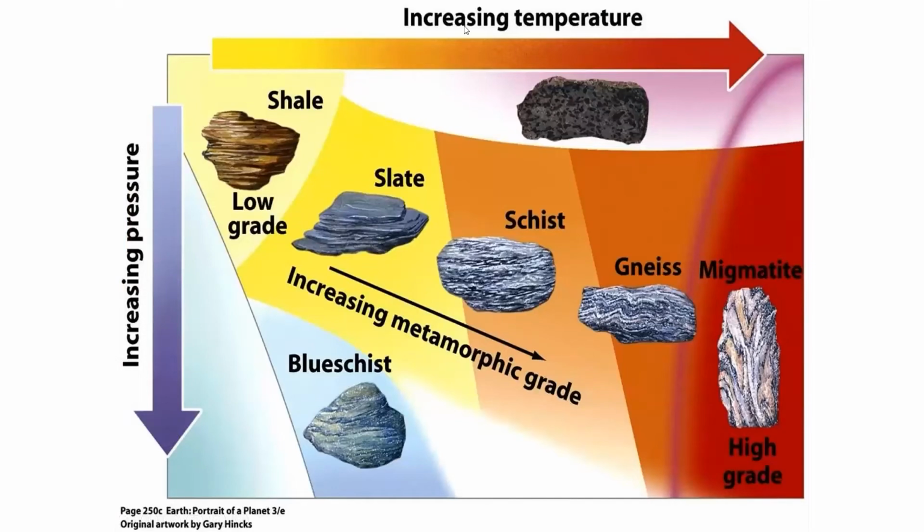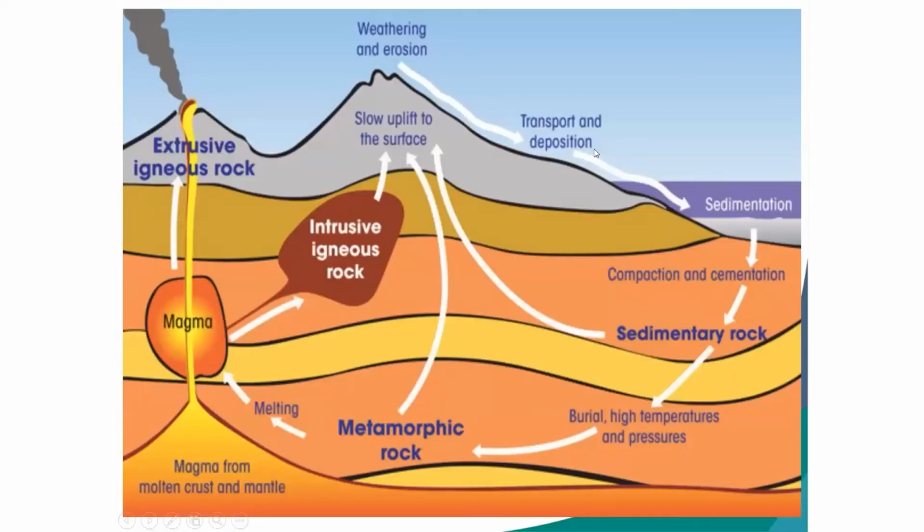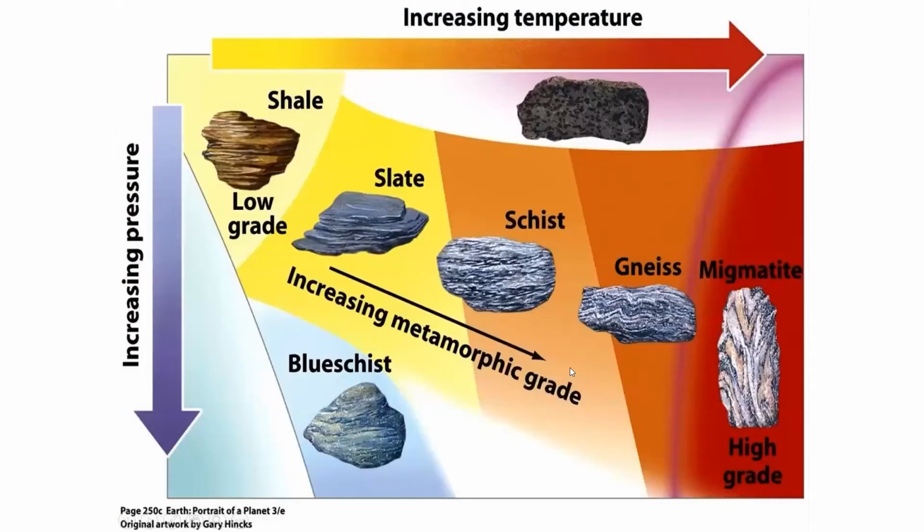So as the temperature increases, what will happen? Different types of material will be coming up. With increasing pressure and temperature, you will get different types of material like this.